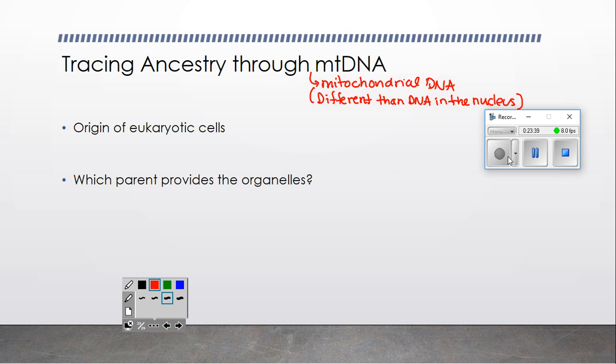So, why is it different? Well, one of the things that we think has occurred, I say think because it's a theory, is that when eukaryotic cells first came to be, they might have been the result of one prokaryotic cell engulfing another. It's called the endosymbiotic theory.